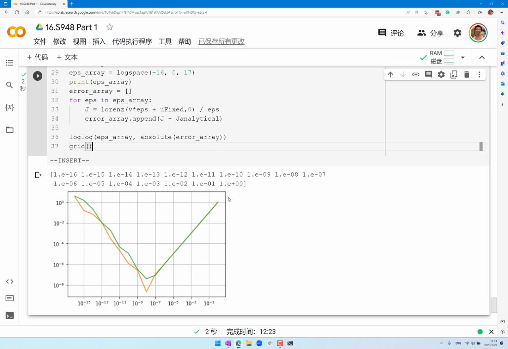So this is basically saying that when epsilon is too small, the round-off error has an order of magnitude of 1 over epsilon. And when epsilon is large, the truncation error has an order of epsilon. Okay. Now I don't know any way of improving the round-off error, but there is a way to improve the truncation error. How? Any suggestions?